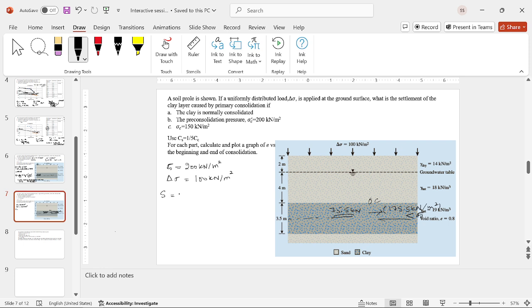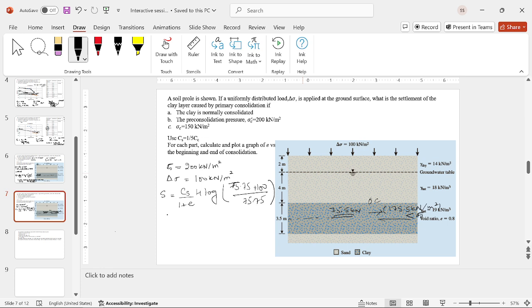Primary settlement will be Cs over 1 plus E, H log of 75.75 plus 100 over 75.75.